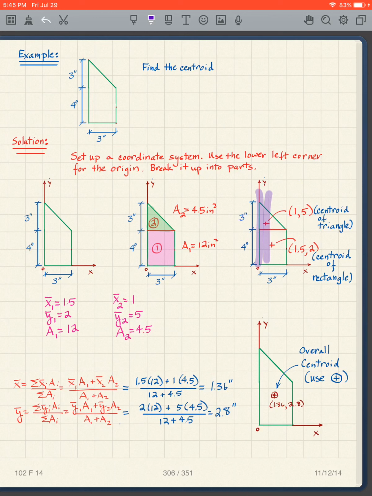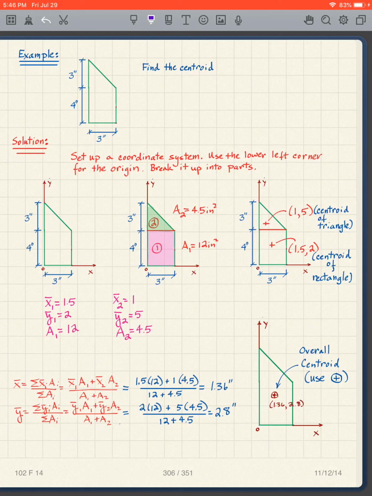But my coordinate system is not here. My coordinate system has the origin down here. So when it's down here, the full distance to this point is the 4 plus the 1. So in the y direction, it's 5. In the x direction, it's just 1.